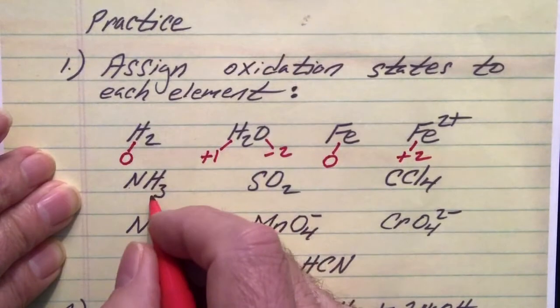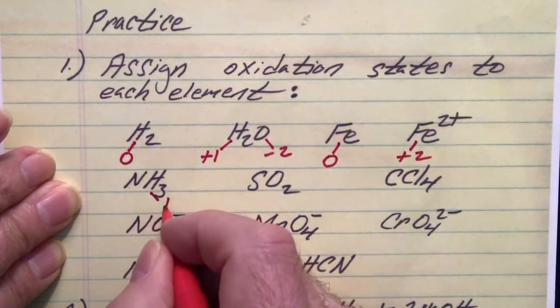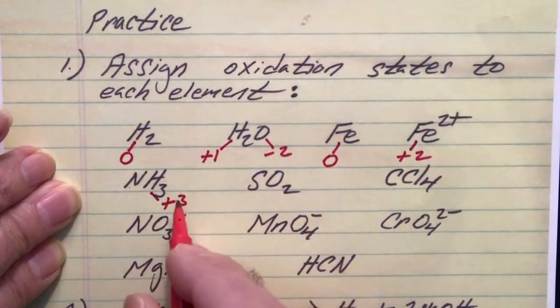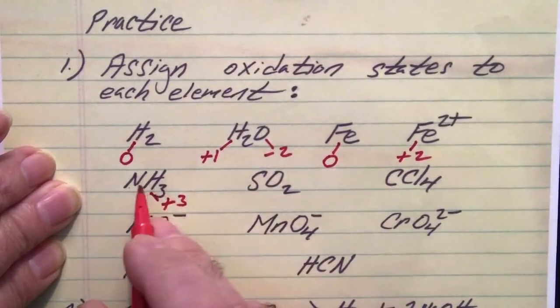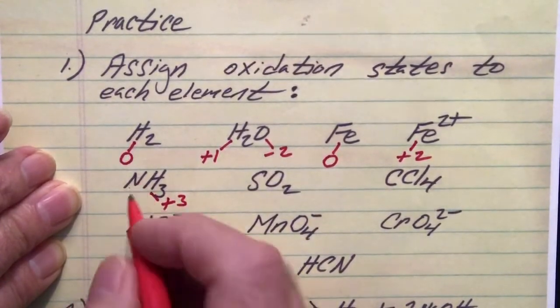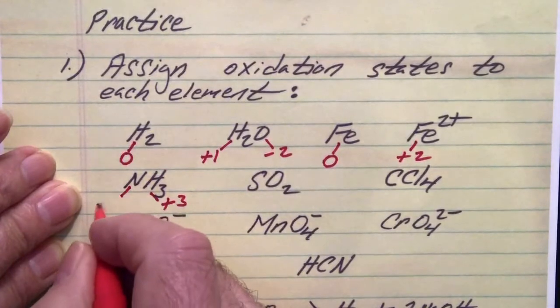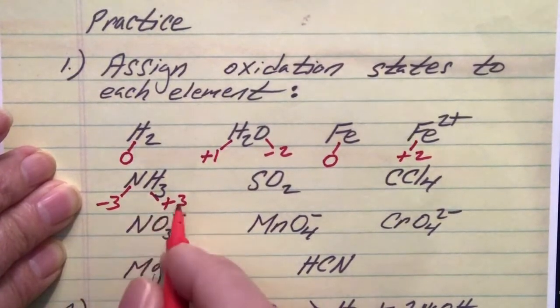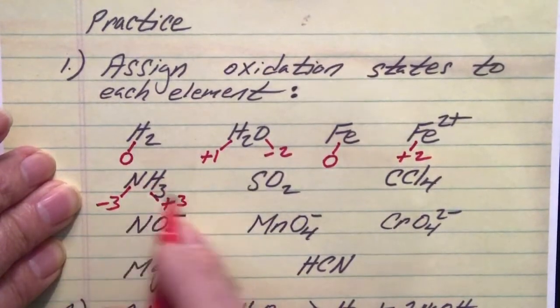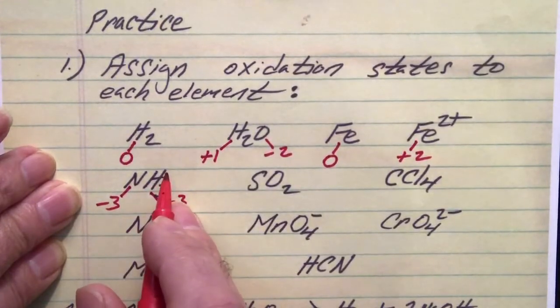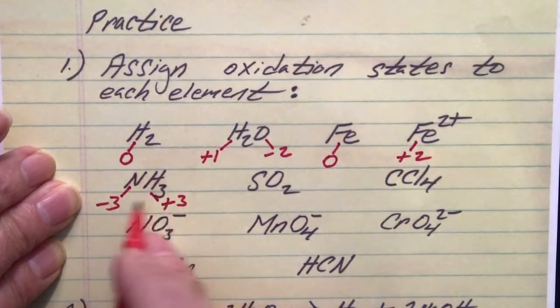We know that hydrogen's oxidation state is a positive 1. And since there's 3 of them, the oxidation state of nitrogen must be a negative 3, so that when we add them together, the sum of their oxidation states will be equal to 0. And that'll always be the case for a compound.